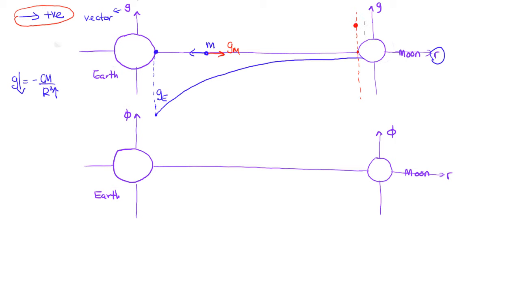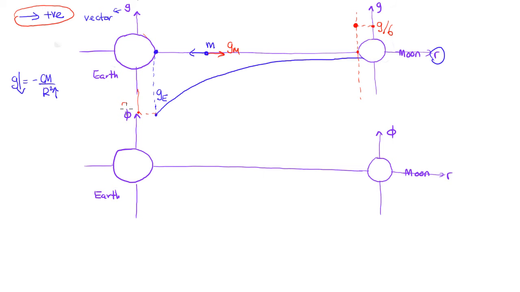Take note that the magnitude of this g cannot be bigger than this magnitude, because the mass of the Earth is bigger. The strength is larger on the surface of the Earth compared to the moon's surface, because the mass of the moon is smaller. In fact, this is just g over 6 of the Earth.